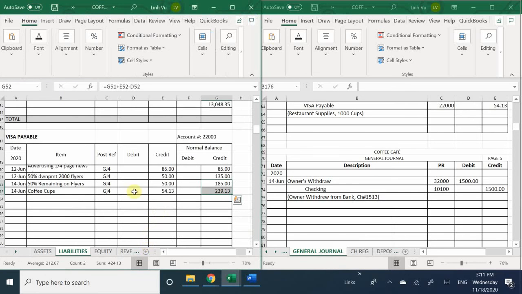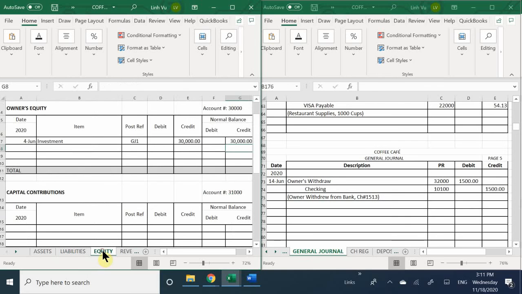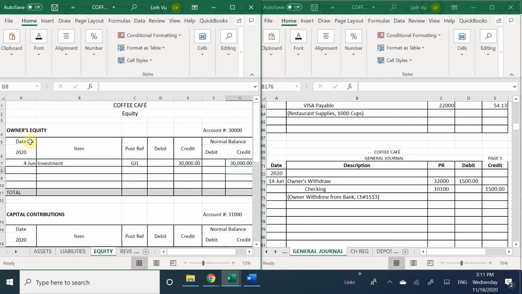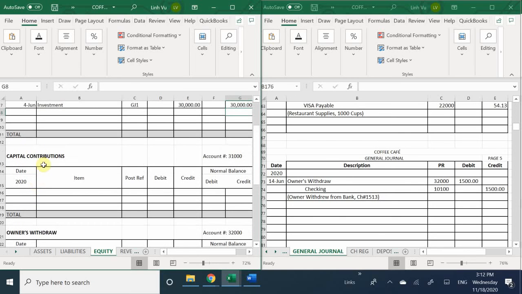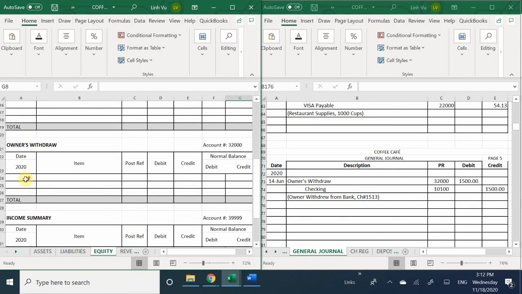So here, an owner's withdrawal account is going to be an equity account, of course, because we're reducing our equity now. Of course, we won't do it until the very end of the period. So here, let's find our owner's withdrawal account. And we're going to go ahead and type in the date.